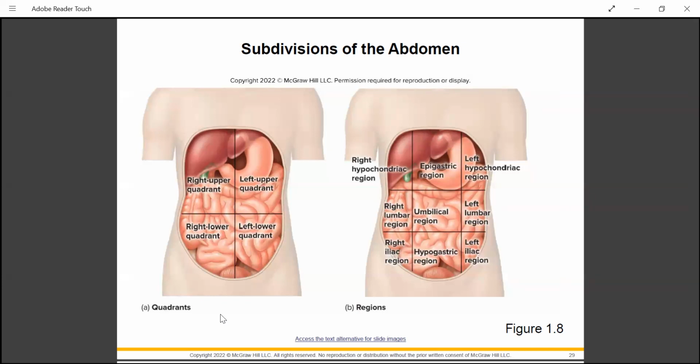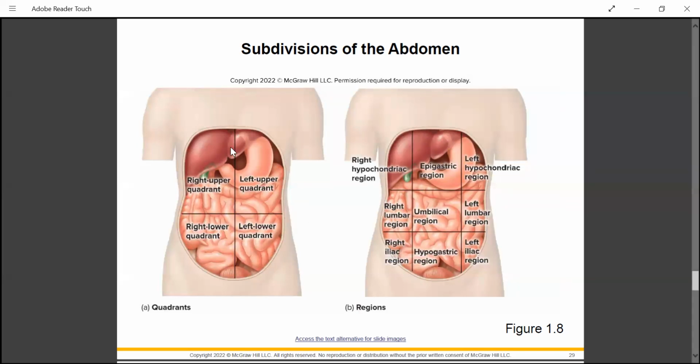They talk about the abdomen in 4 different quadrants. You have right upper and lower and left upper and lower. And the reason they break them into these quadrants is because certain organs are located in certain areas, and certain pathologies are associated with tenderness or specific findings in a specific quadrant.